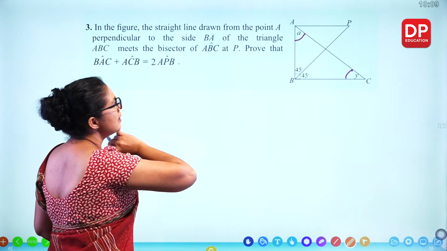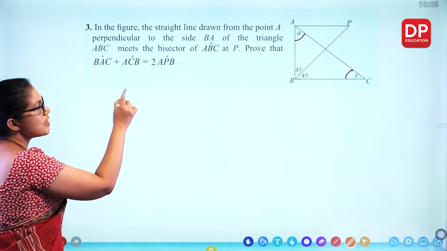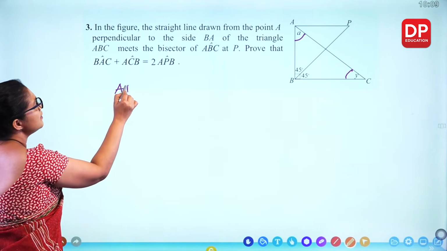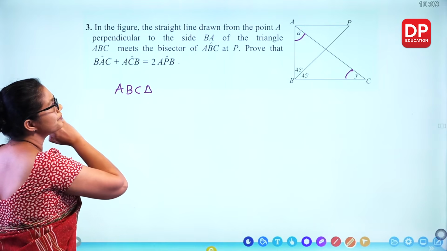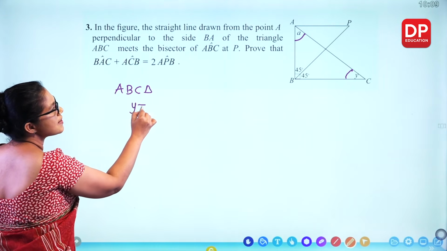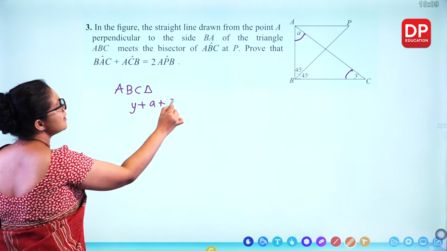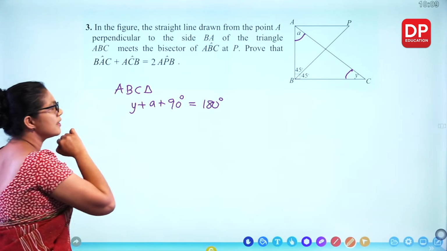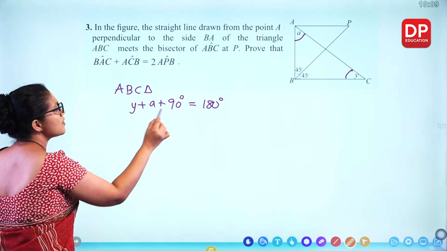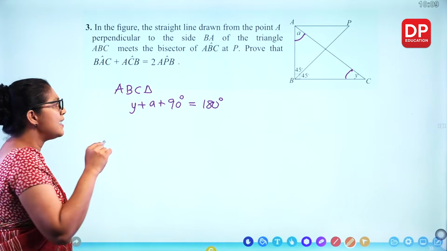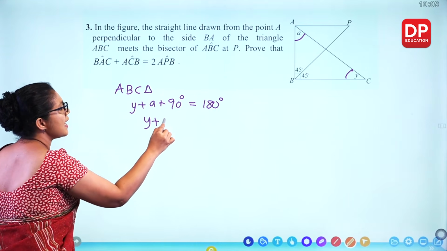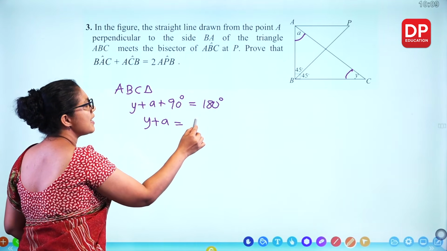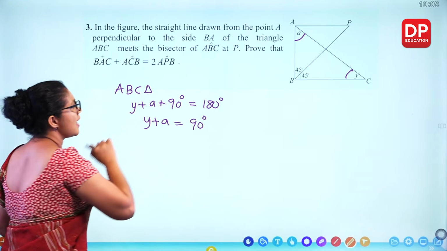So here what can you write when you take ABC triangle? Y plus A plus 90 degrees is equal to 180. So when you take 90 to the other side, I get Y plus A equals 180 minus 90, which becomes 90.